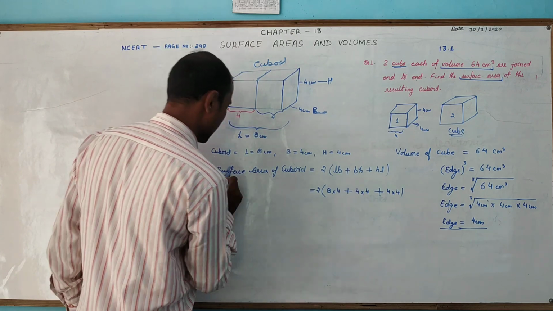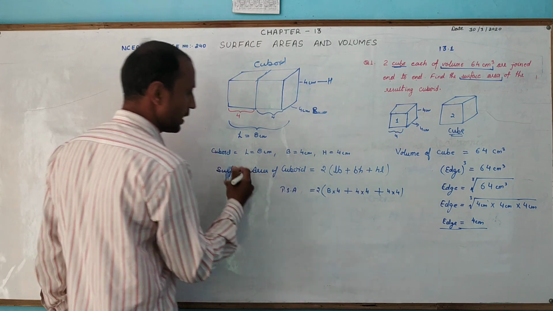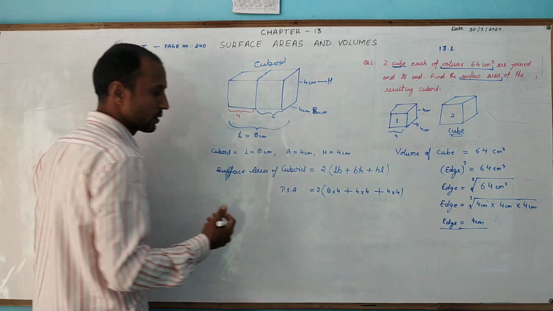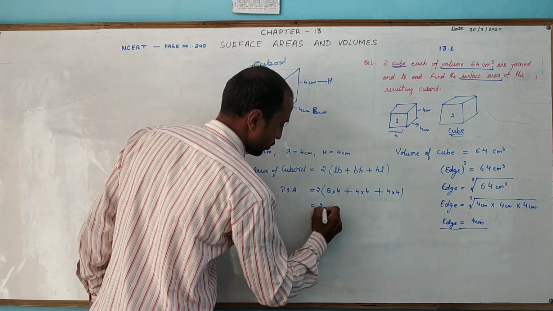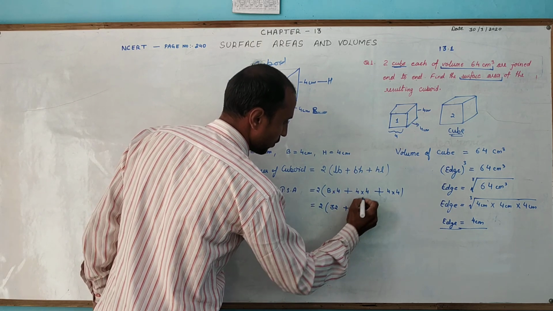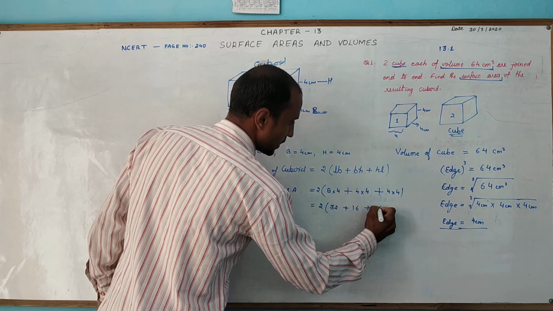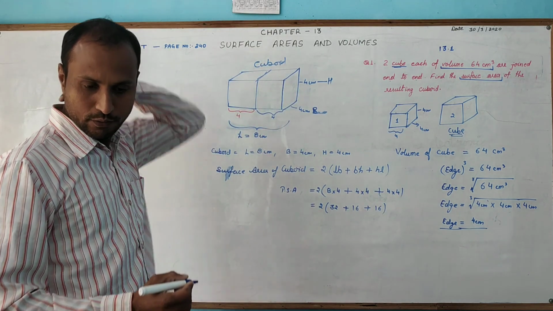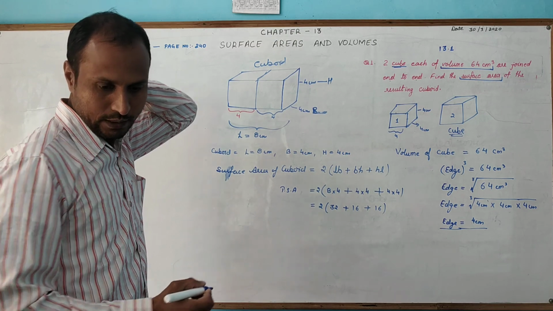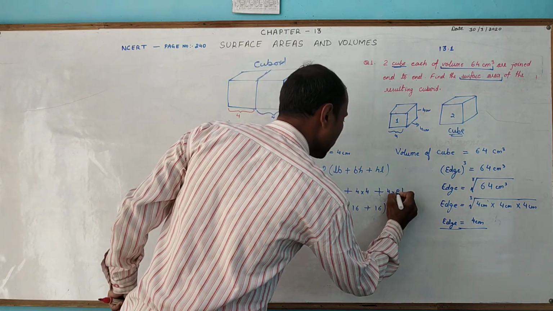Now we have this surface area, or you can write total surface area also, because if surface area is not written as total, that also means total surface area. Your 2 multiplies 8 4 times is equal to 32 plus 4 times 4 is equal to 16 and 4 times 4 is equal to 16. Now you have to add. It is height, it is length. Length we have 8 centimeter. Sorry.